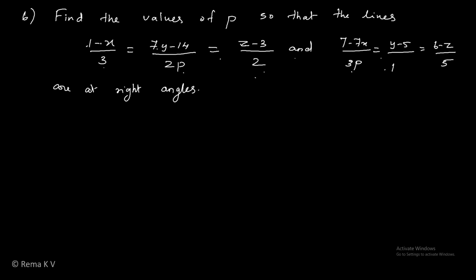Here it is 1 minus x, which we can write as (x minus 1)/(minus 3). Multiplying with a negative sign in both numerator and denominator, it becomes (x minus 1)/3 equals.